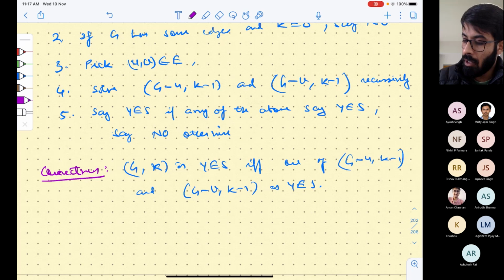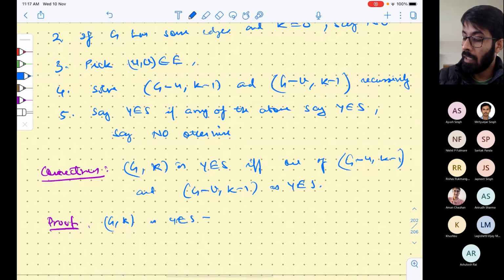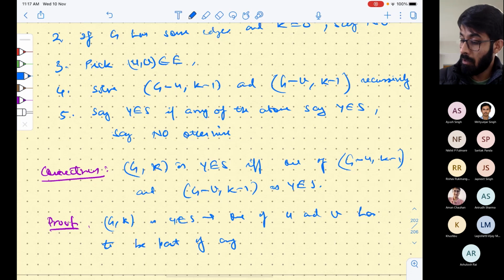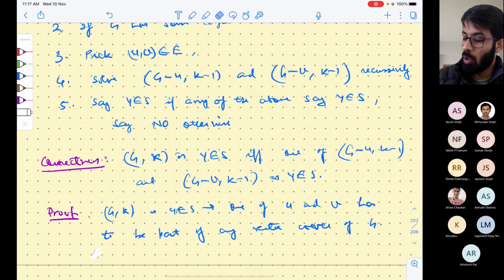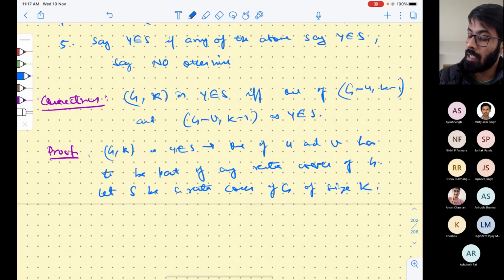Okay, and what is the proof? The proof is very simple. If G comma k is yes, then one of u and v has to be part of any vertex cover. So let S be a vertex cover of size k, since G comma k is a yes instance.